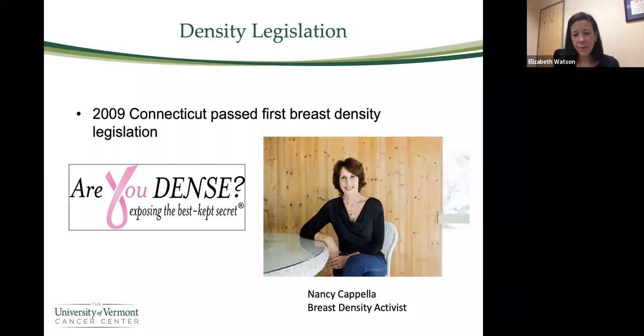Obviously she was very upset and alarmed, but not for the reasons that you'd think. She was alarmed and upset because she had had a mammogram 6 weeks before that diagnosis, and her mammogram was read as normal. And so she said, how could that be? How could I be diagnosed with a breast cancer? Meanwhile, I'm coming in every year to have my mammogram. I just had it read and it was normal. How can I have a breast cancer?